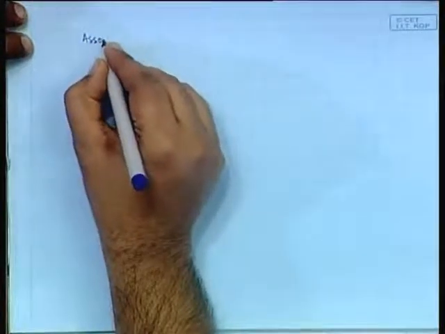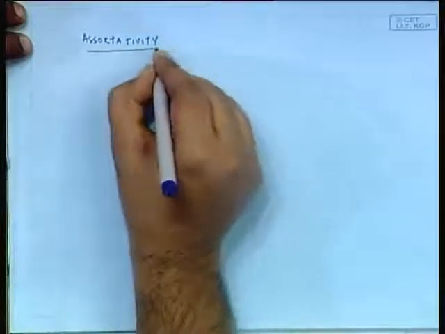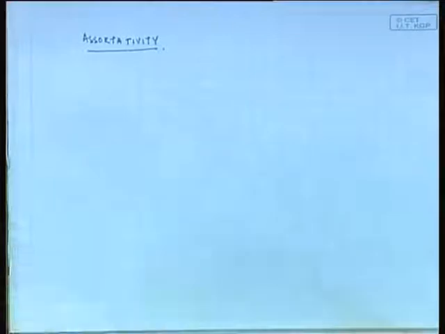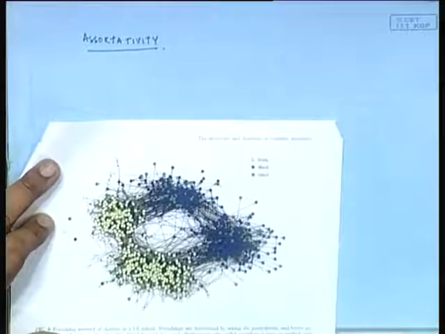Okay, so now I again come back to the assortativity concept. What was the first thing we saw in assortativity? I think we saw this one. This is what is assortative.